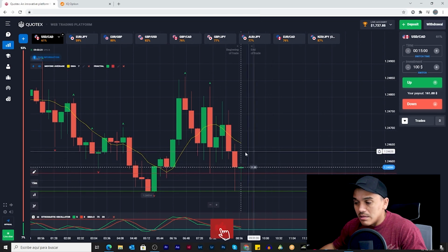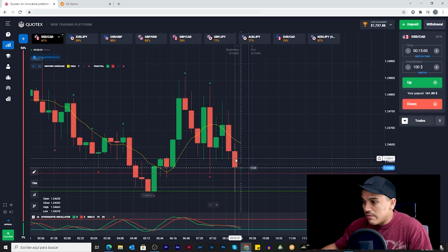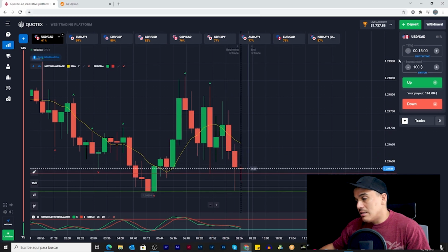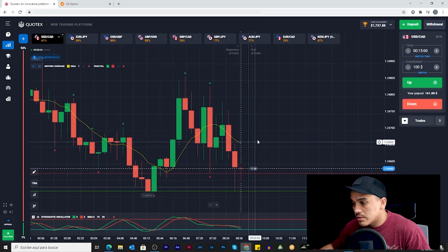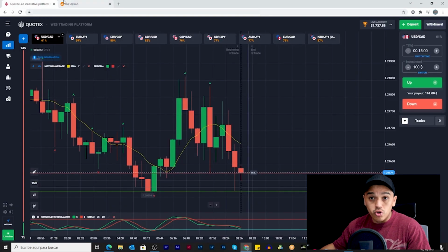We have it in the money, but it was a wrong entry, and we traded for 50 minutes. This is the way that this broker works, but with Pocket Option it was good in the money if you trade here, right? Or another broker you prefer?